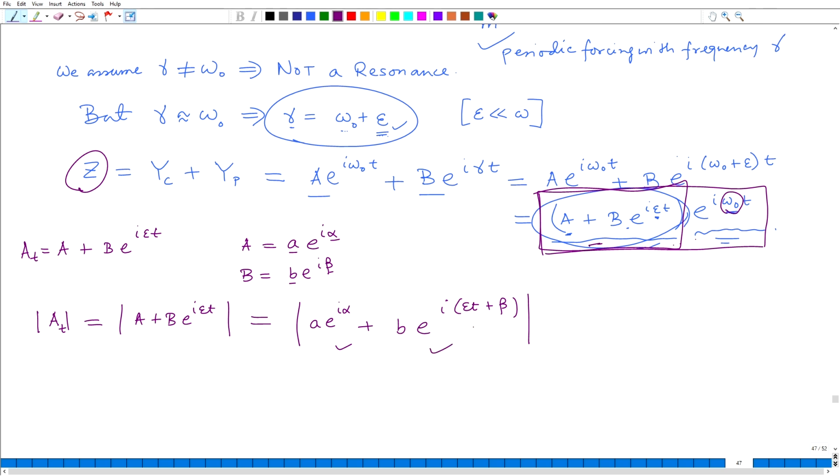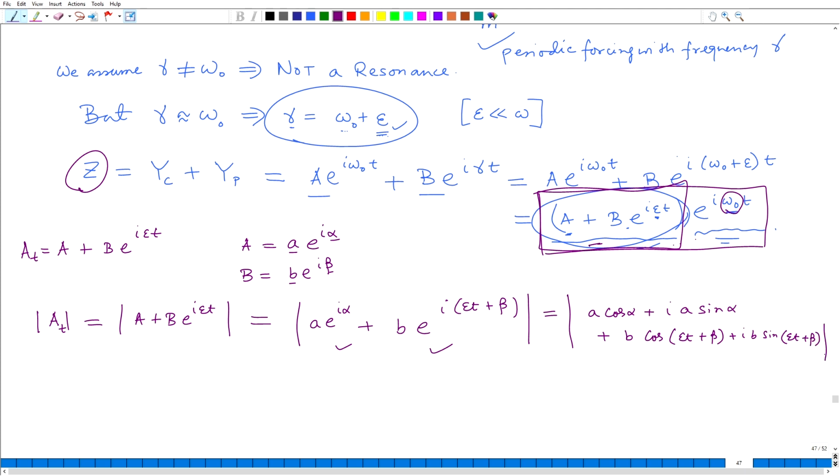Okay. I can write this in a very detailed manner, so that you can understand what this is. So, this is A cos alpha plus i A sin alpha plus B cos (epsilon t plus beta) plus i B sin (epsilon t plus beta).